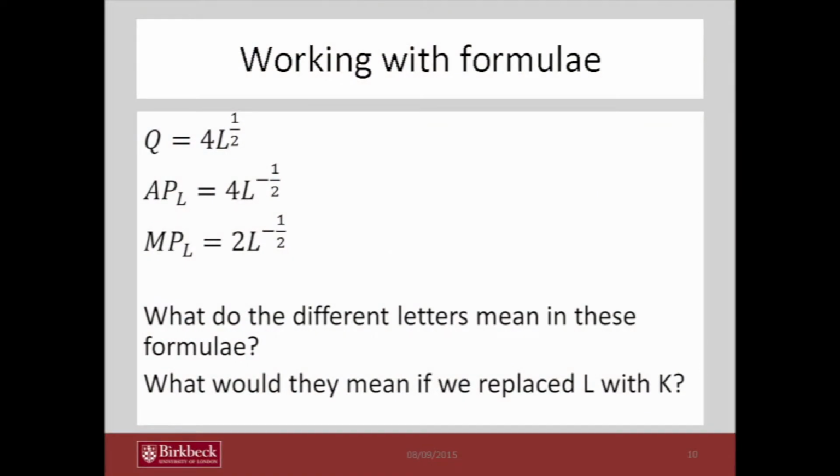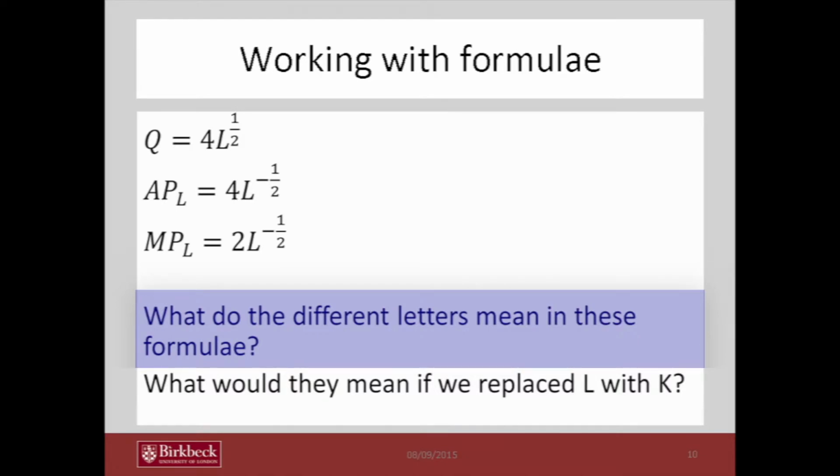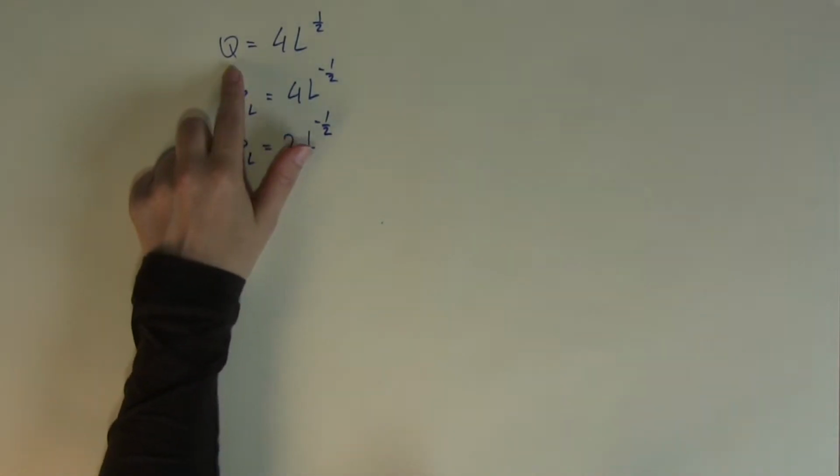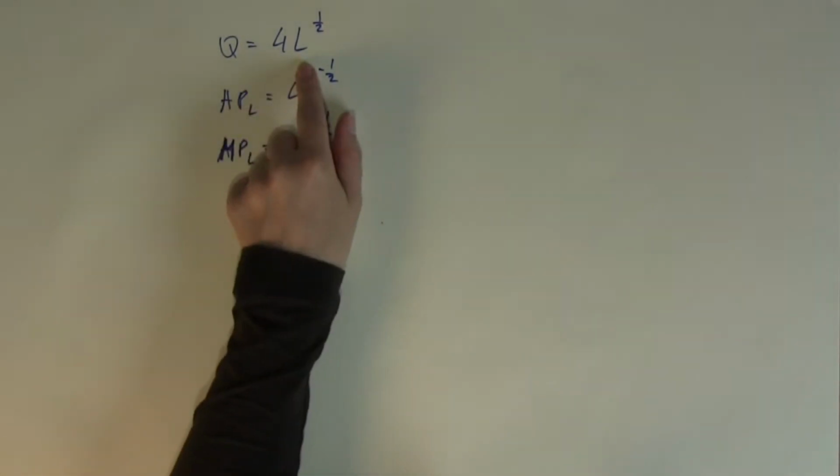Now let's move on to slightly different examples for working with formulae. So here are 3 formulae, and first of all, what do these different letters in the different formulae mean? Well, Q we already seen. Q is always the quantity, but L appears first.